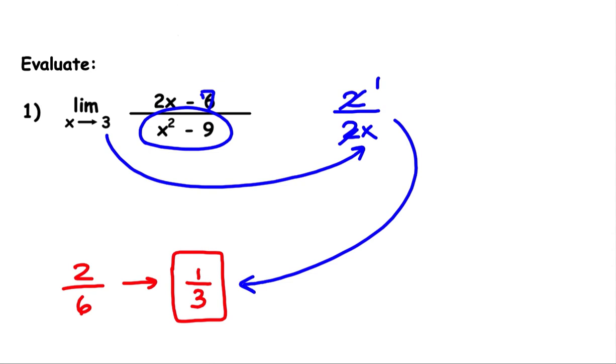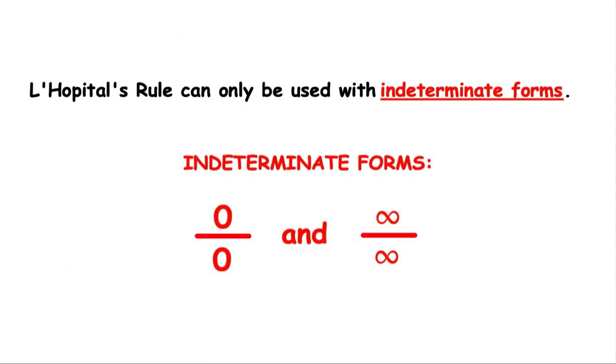Now, it doesn't work all the time, of course. It only works when you have indeterminate forms. As we've mentioned before, the indeterminate forms are 0 over 0 and infinity over infinity. If this problem comes out to be 0 over infinity, yeah, just 0. So, don't try it when you shouldn't.